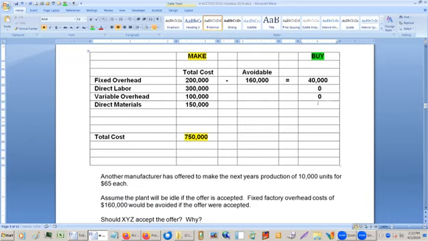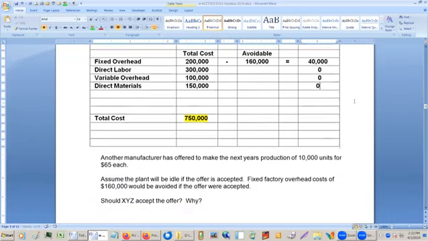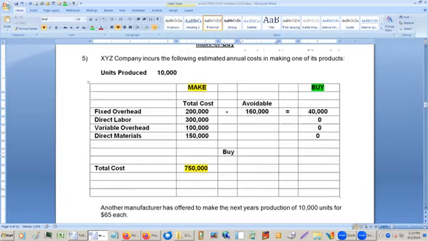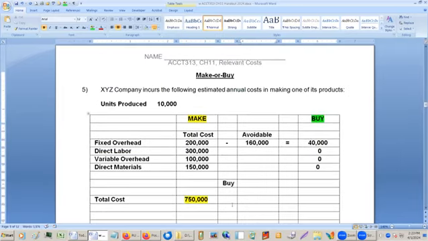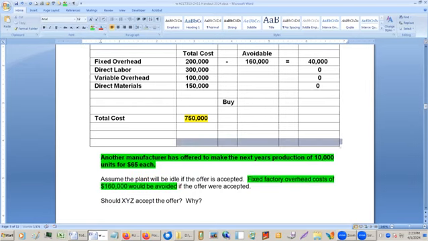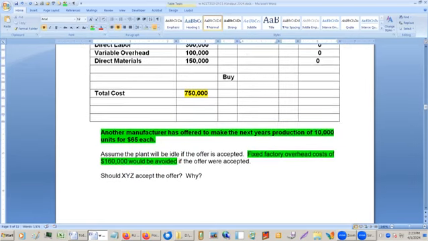Basically, all the variable costs go to zero because zero times anything is zero, but we still have to buy them. $10,000 at $50 each.